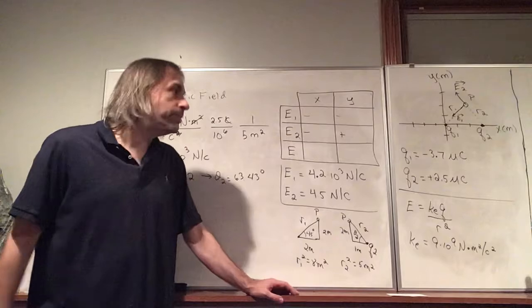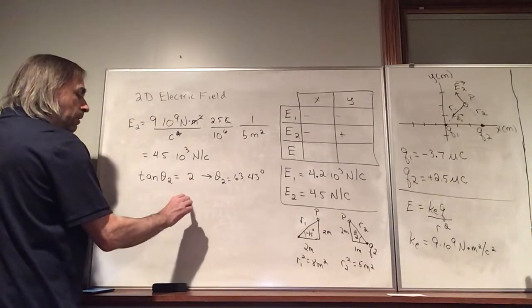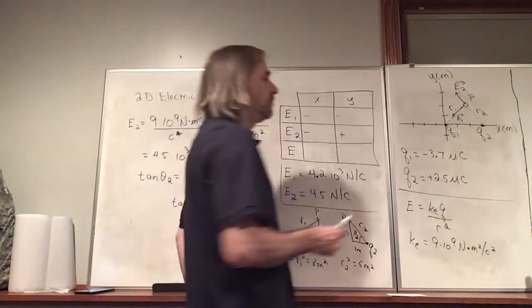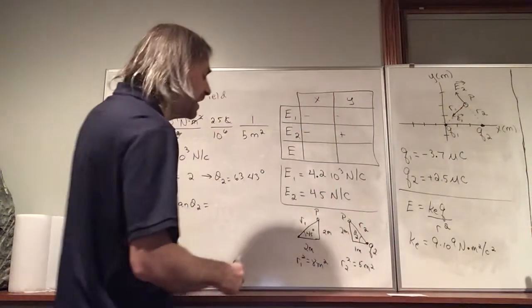Now, you could try it this way where you say tangent of theta 2. If you look at it, we go in the negative x direction.